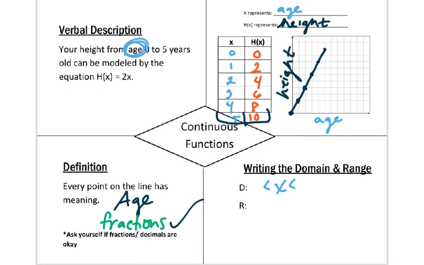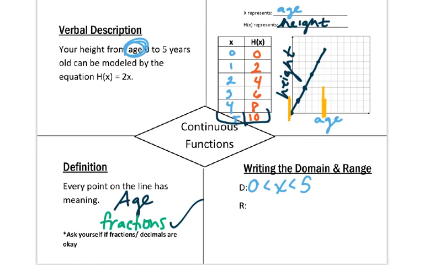So I start at 0. And then it says the biggest x value that we have. Since it said from 0 to 5, my biggest x value was a 5. So this here is a graph of every number between 0 and 5 on the x-axis. Remember, domain is left to right. So that's how I write my domain.